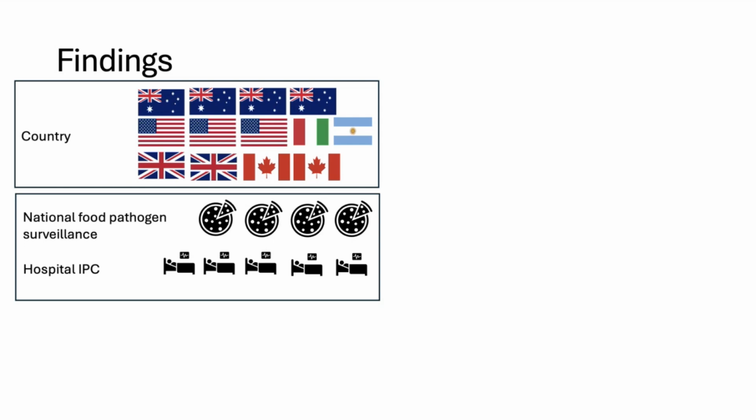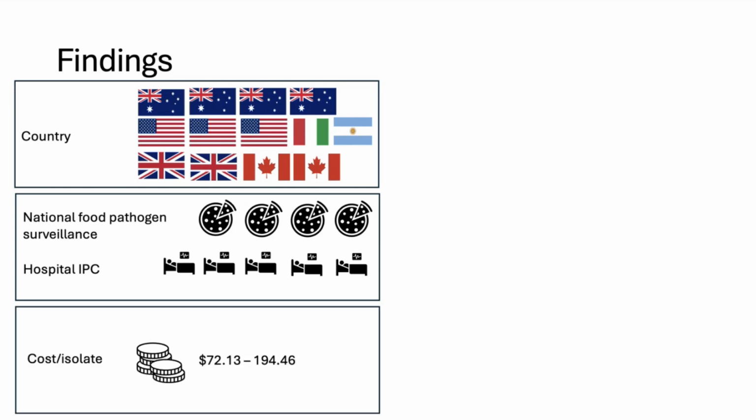So 4 were looking at foodborne pathogen surveillance systems, and 5 looking at hospital infection prevention and control, most of which were from the perspective of a hospital itself. 1 was from the perspective of a local government, but considering a hospital as the site.